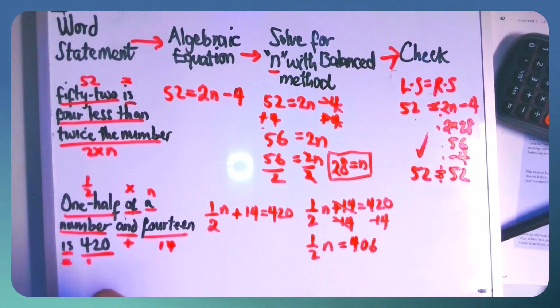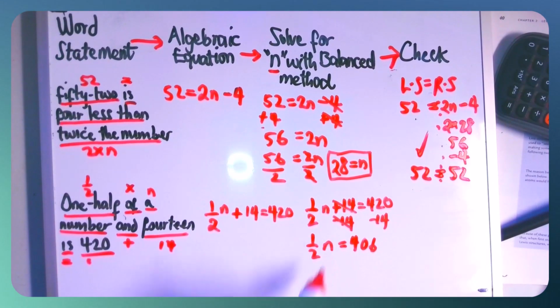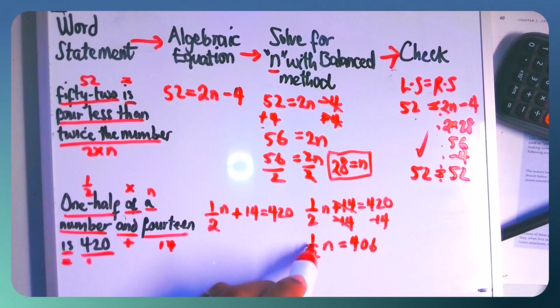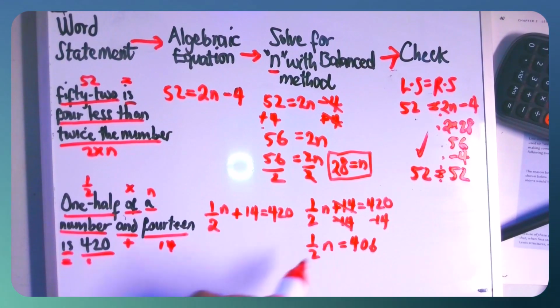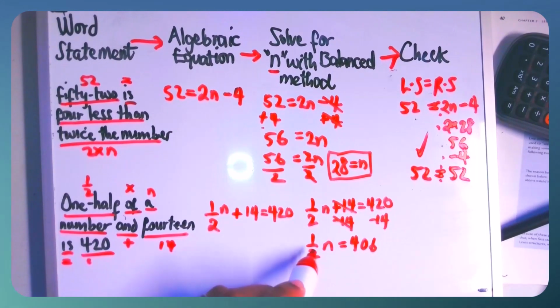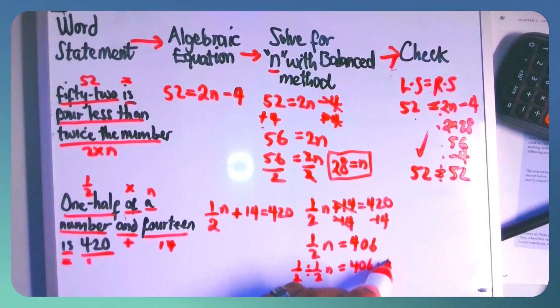So once we have this as our result on the right side, we are going to find the value for n. In here we know that our 1/2 is multiplied by what? n. So the opposite of multiplication is division, so that means we have 1/2n divided by 1/2, and this is equal to 406 divided by 1/2.